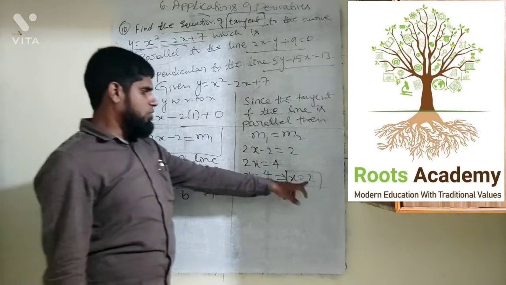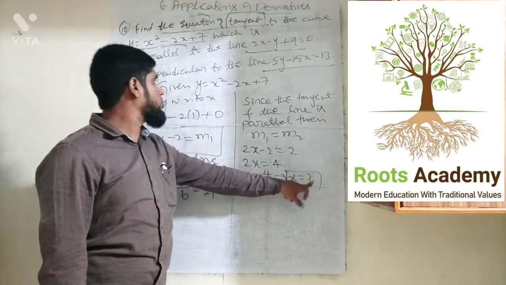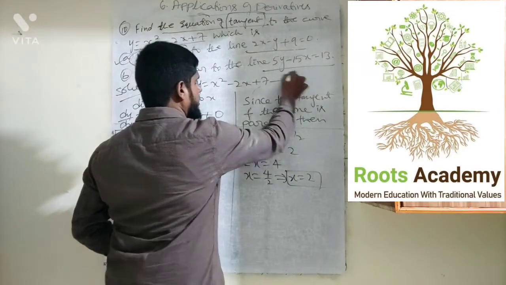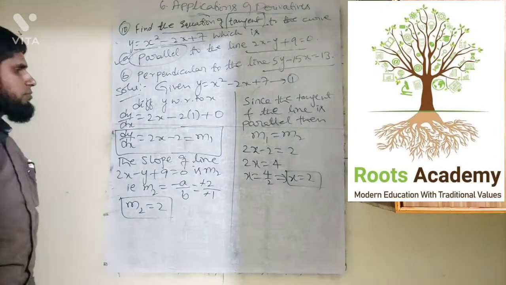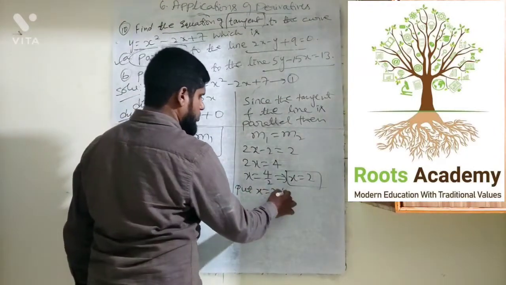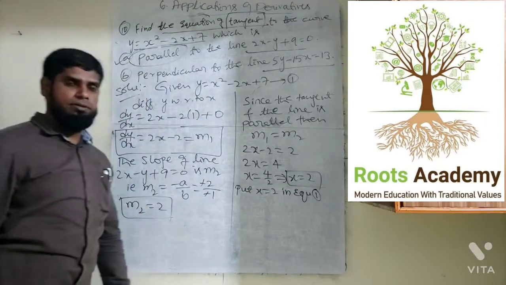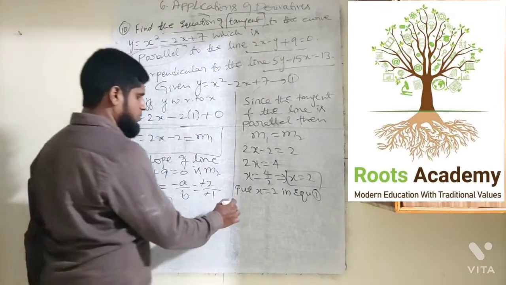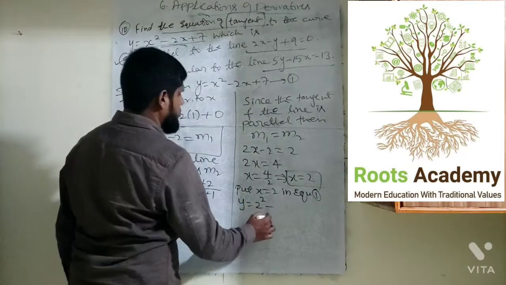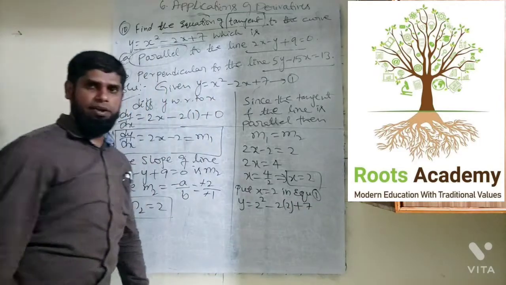We have x is equal to 2, and I need to find the point. Let us substitute x is equal to 2 in equation 1. What do I get? y is equal to 2 square minus 2 into 2 plus 7.